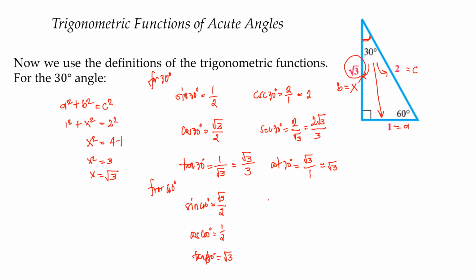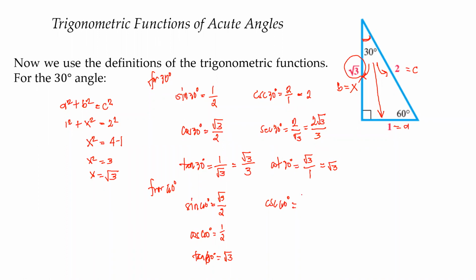And then it follows, cosecant 60 degrees is, sorry, that's 2 over square root of 3.